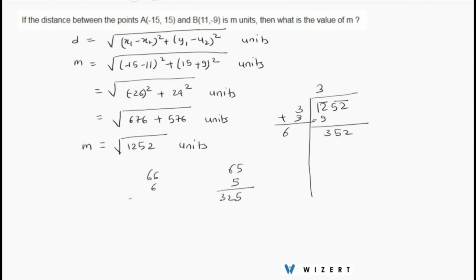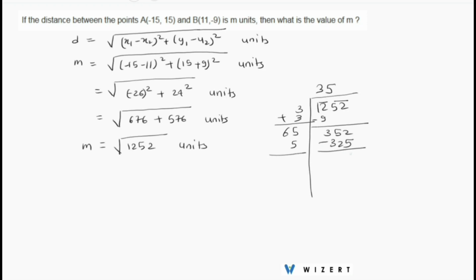And then 66 times 6 is 6 6s are 36, 36 plus 3 is 39, which is larger than 352, so we'll use 325. So we have 5 here, and minus 325.